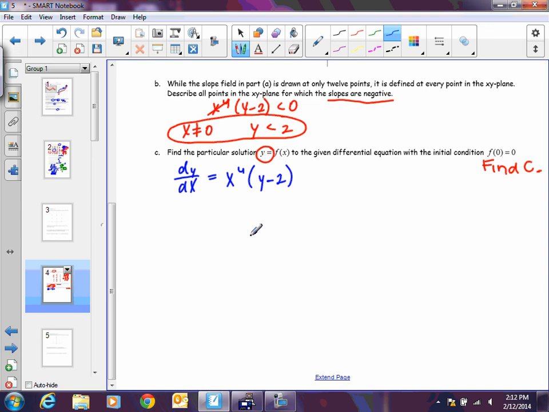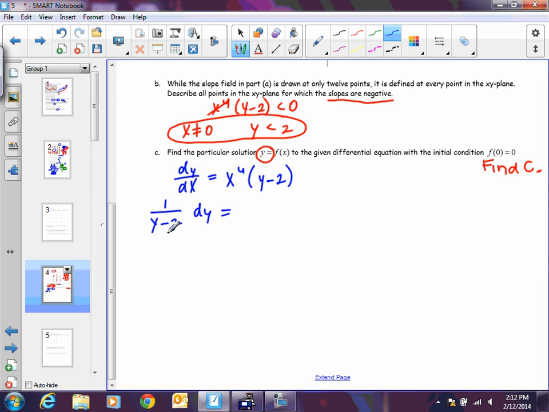And I need to separate the variables. So how am I going to get the y minus 2 over to the left? Divide. So watch what I'm going to do. 1 over y minus 2 dy. It could be dy over this, but we're just used to seeing it this way.